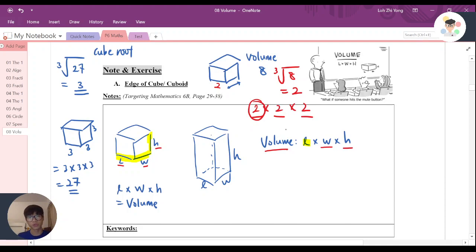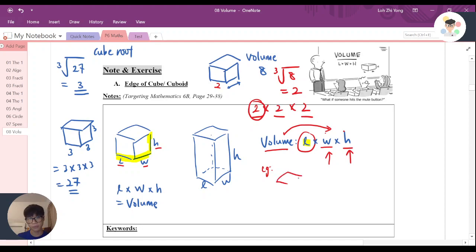Then what you need to do is just use the volume, divide by this, and divide by this, then you find the length. It works the same if they ask you to find the width or the height. If I just tell you this, you might not understand, so let's give an example.